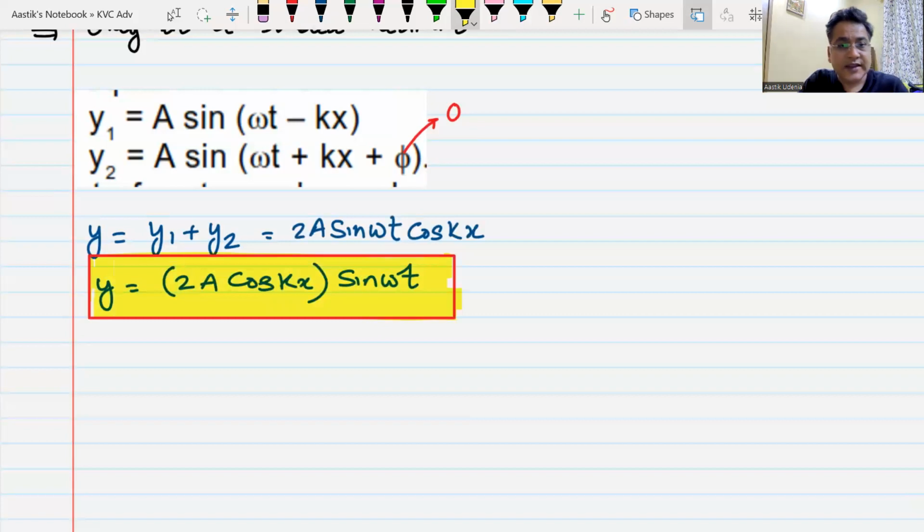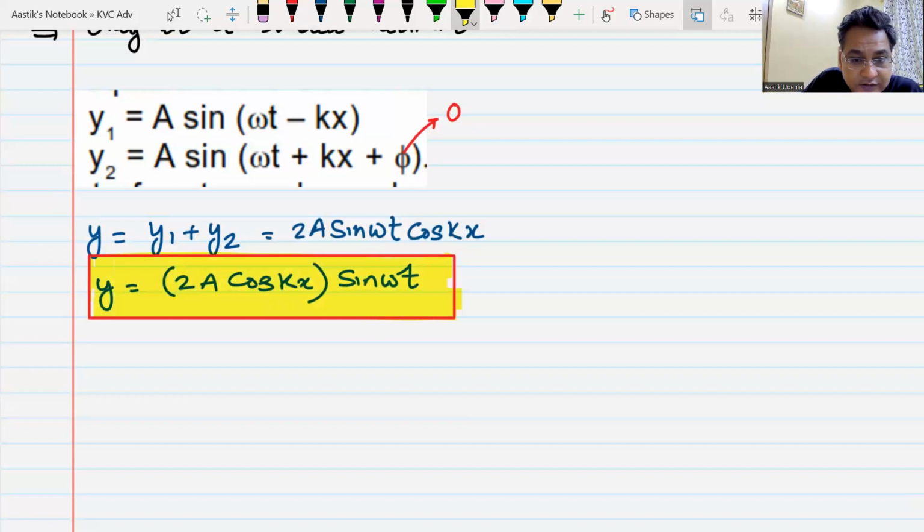Now remember, any wave must satisfy the wave equation, and you can see this is a simple sine wave. I've written it in the form of a simple sine wave.